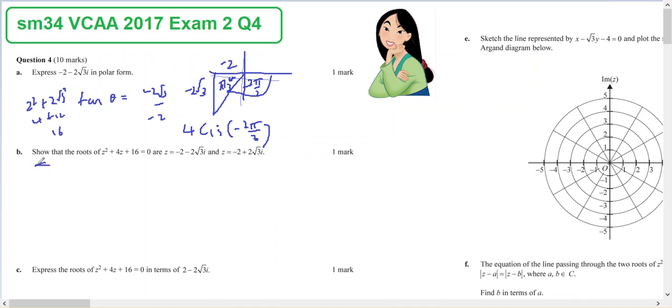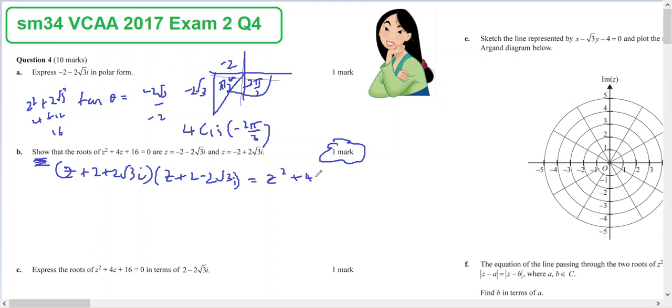This is a show that question, so I need to do the work. So it's only worth 1 mark, so I know what I'm adding towards. So I've got z plus 2 root 3i times z plus 2 minus 2 root 3i has to equal z squared plus 4z plus 16.